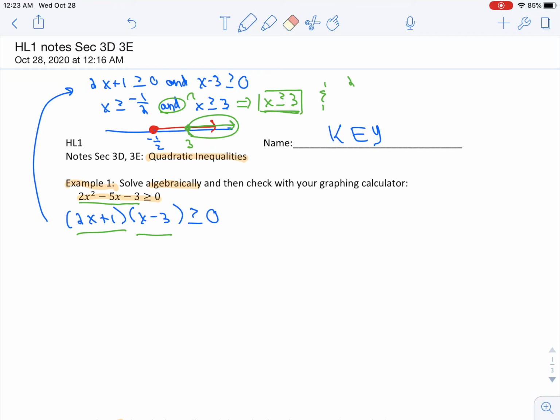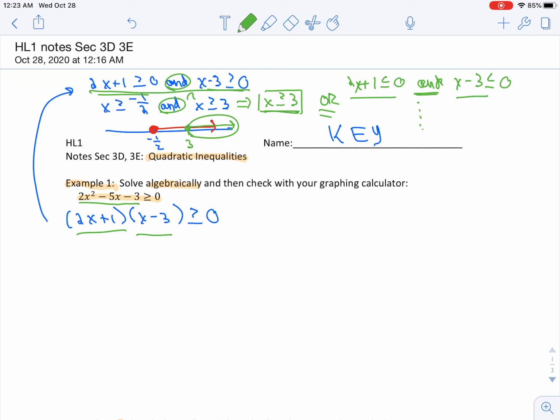So we have to say, actually, either this happens or 2x plus 1 is less than or equal to 0, and x minus 3 is less than or equal to 0. The reason it's and is they both have to be negative to multiply to give a positive, and over here because they both had to be positive to multiply and give a positive.